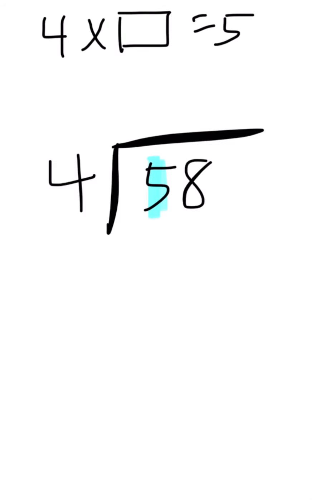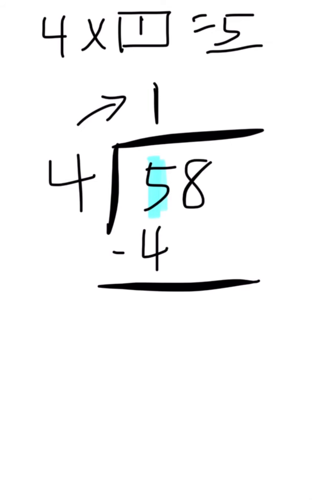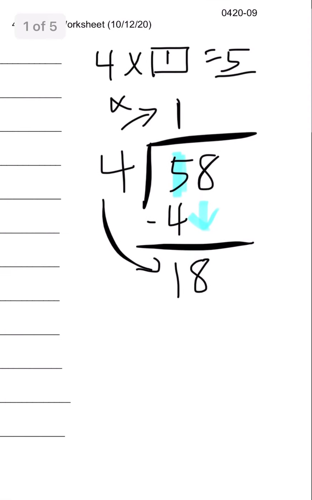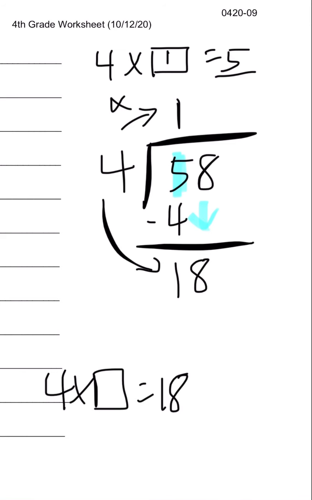So you want to get closest to the number 5, so we'll do 4 times 1. Write 1 up here and subtract 4 because you multiplied this way. So you get 1, then you want to bring down the 8 and multiply this way. 4 times what gives you closest to 18? 4 times 4 gives you pretty close to 18 because this equals 16.